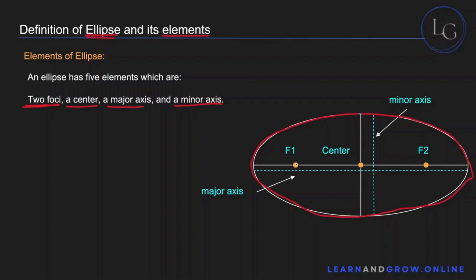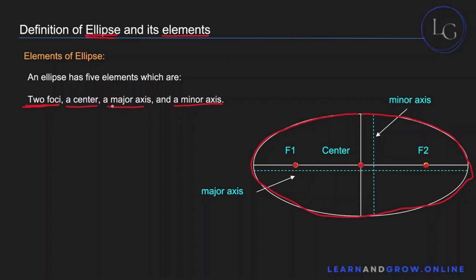Now, this focus F1 is the focus of the left parabola. Well, I wouldn't call it a parabola, it's like an inverted parabola. And this F2 is the focus of this second inverted parabola. So this is why it has 2 foci. Now, it has a center, obviously, because it's an oval shape and it will have a center like a circle.